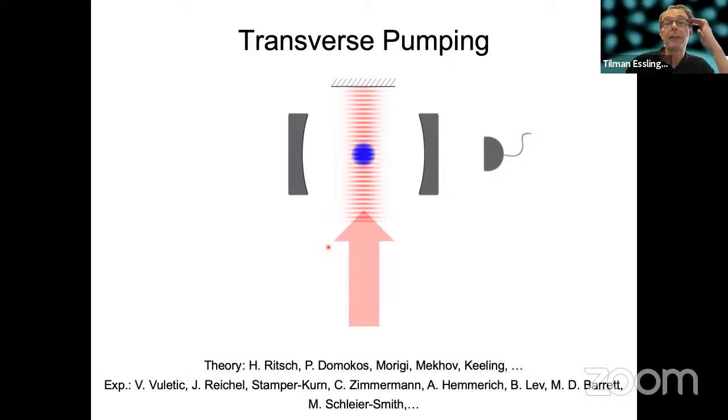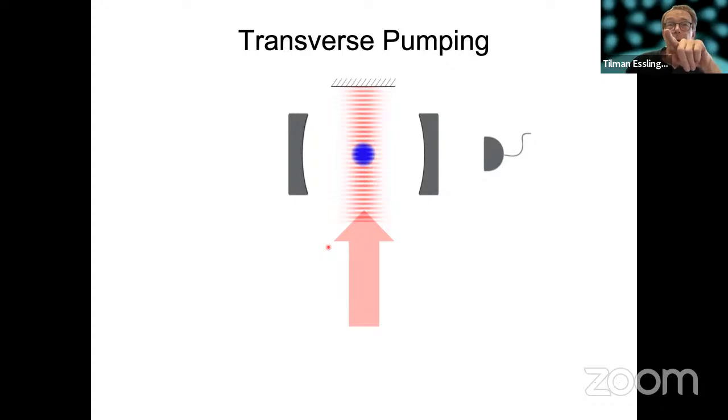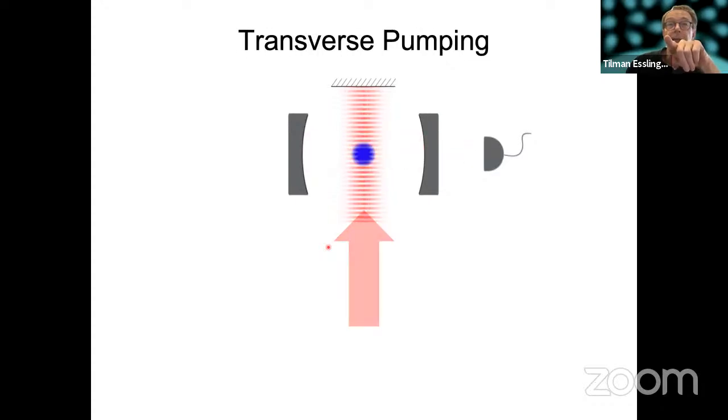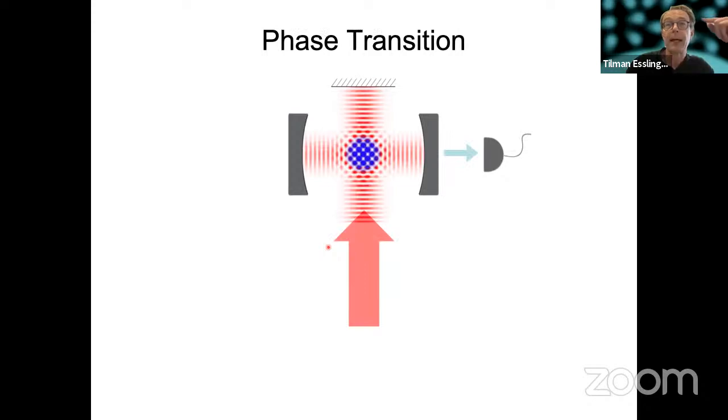There are some references to other people's work, which is important. But nevertheless, let's look at what is happening if you increase the intensity. That was the horizontal axis in our phase diagram.